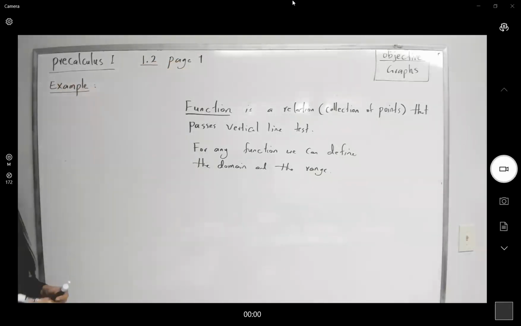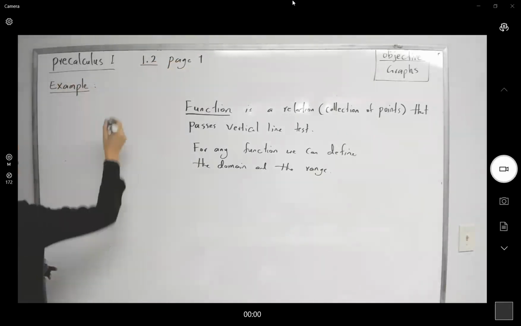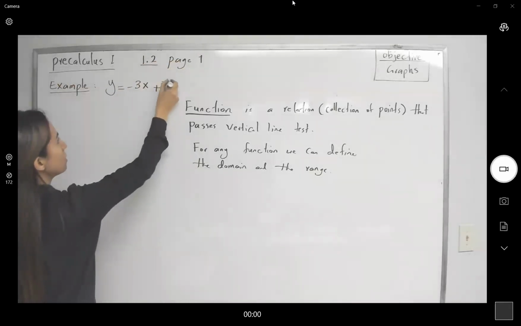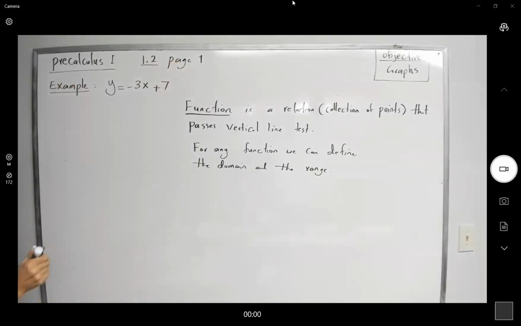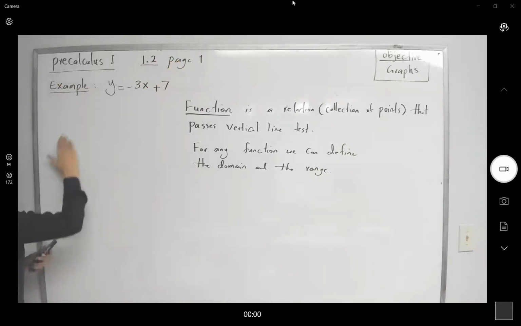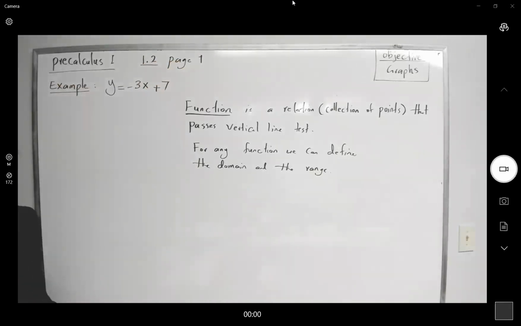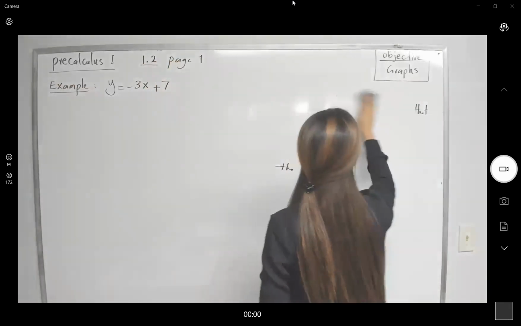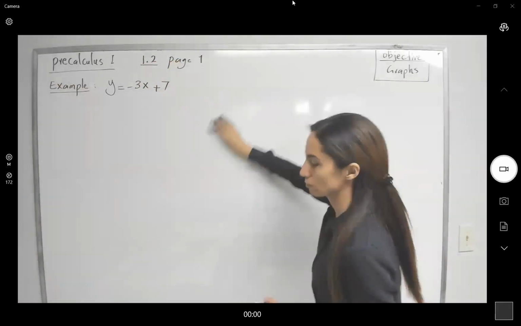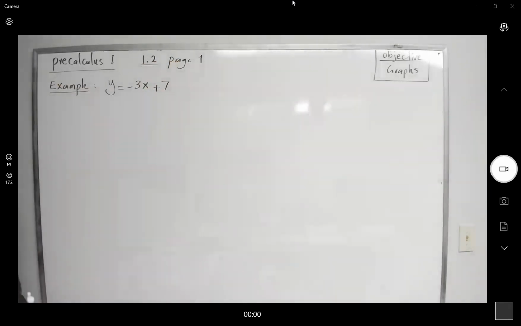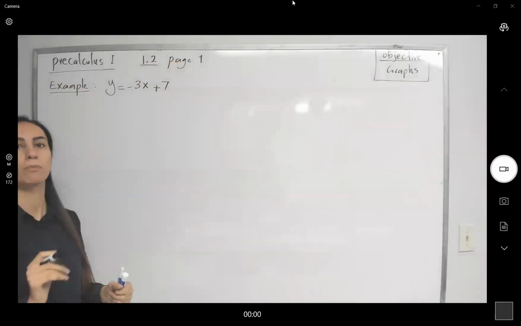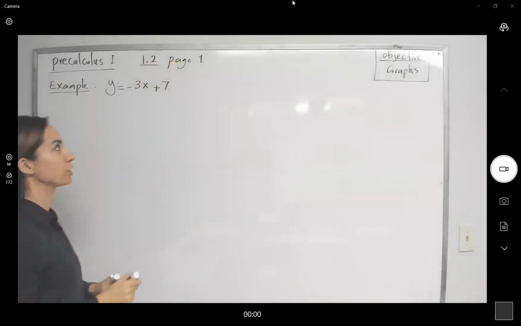The example that I have is y equals negative 3x plus 7. What I want to do is graph this function, define the domain and define the range for it.